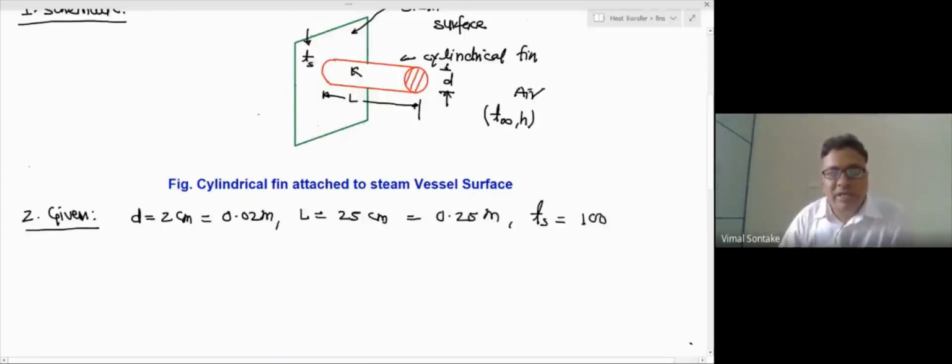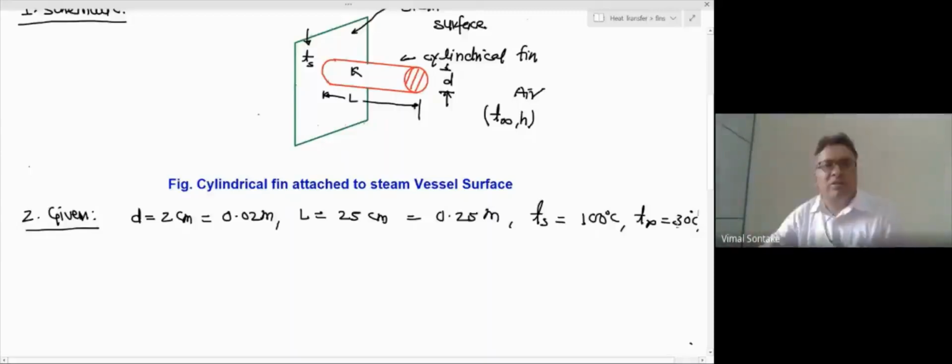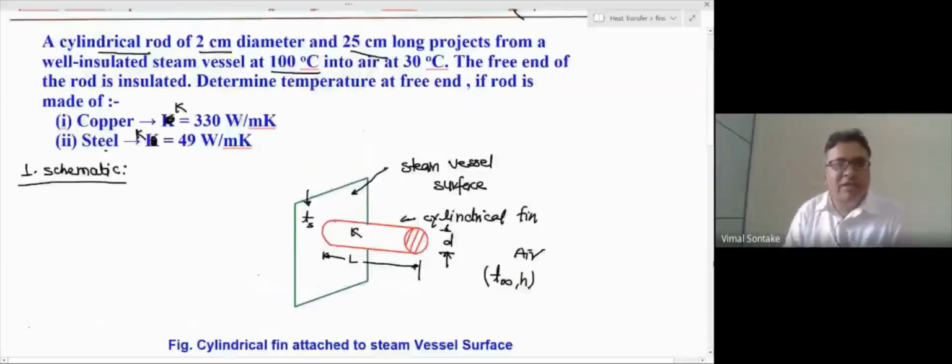It is given as 100 degrees Celsius, and T infinity is surrounding fluid temperature, given as 30 degrees Celsius. Oh, here one more parameter is given. I forgot to mention. The h value of the surrounding fluid is also given in the problem itself.